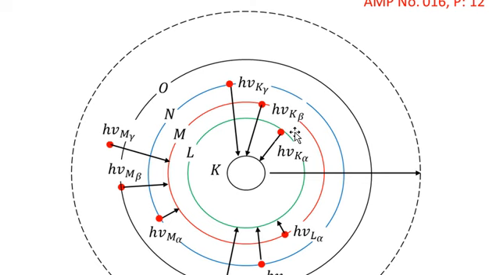For example, an electron from the L shell, the M shell, the N shell, the O shell, and so on will jump to fill the vacancy of the hole in the K shell, and then a whole series, which we refer to as the K series, will be observed: K alpha, K beta, K gamma, K delta, and so on.